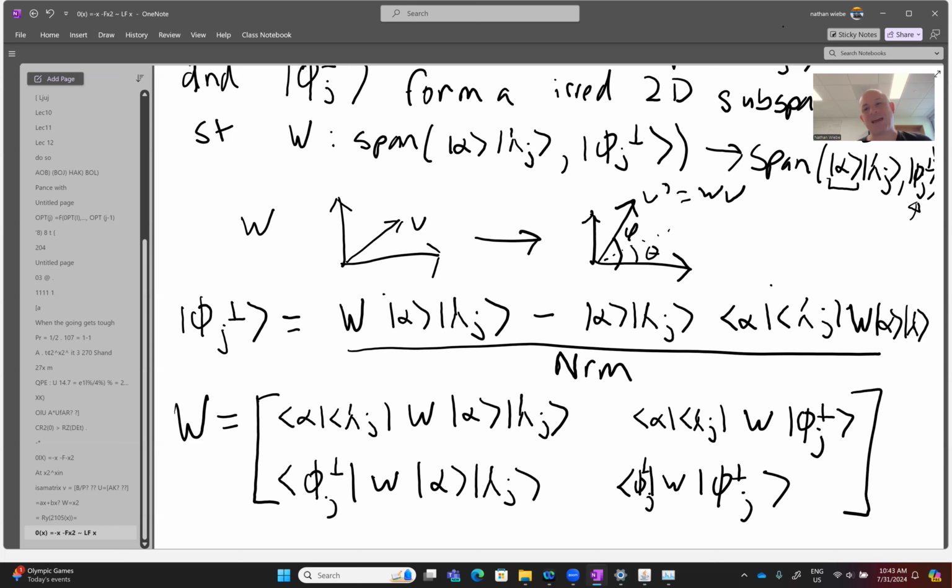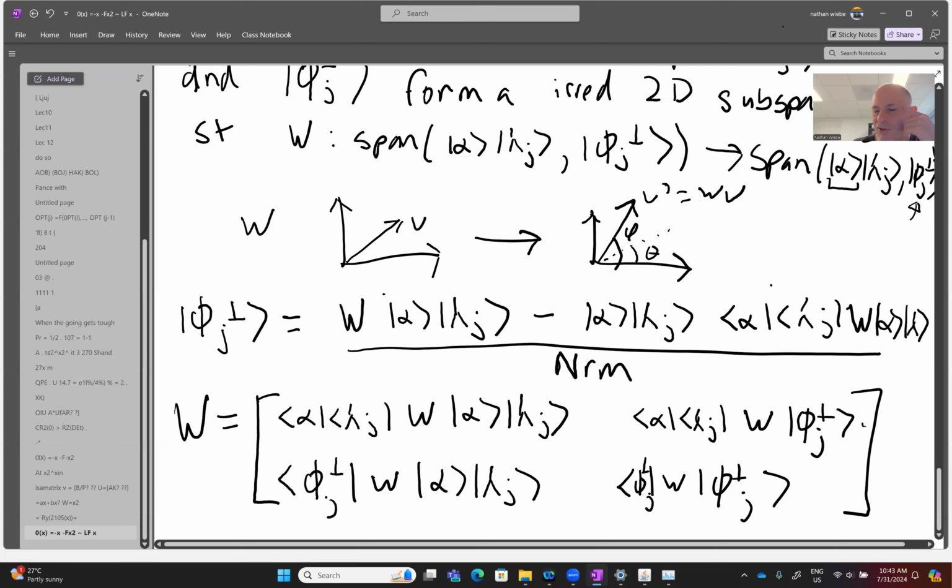Now, a question you might have is, haven't you put the cart before the horse here? You said we're hypothesizing that this is a two-dimensional space, but what if it isn't? Well, there's an easy way to check. All we need to do is ensure that every row and column of this matrix forms a unit vector.